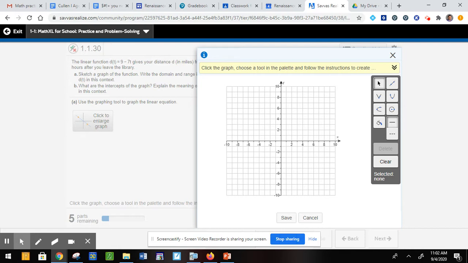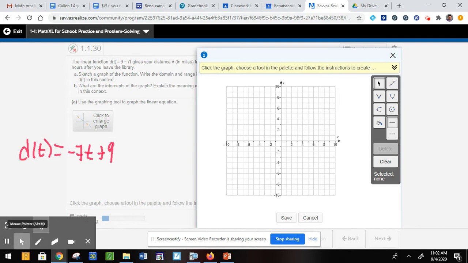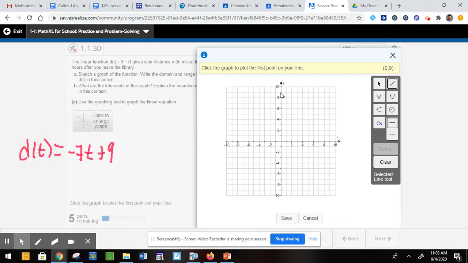I am going to write the function d of t is equal to negative 7t plus 9. Reason being, because now it's slope-intercept form, and that's how I'm going to graph it over here. That's a line. It has a y-intercept of 9 and a slope of negative 7.